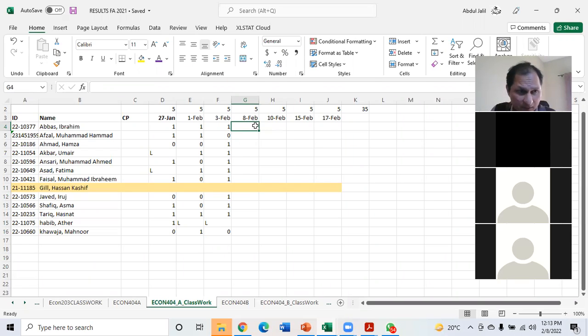So Ibrahim Abbas was there, na? Muhammad Hamad Afzal absent. Hamza present in both classes. Yes, sir. Umair, in the previous one he was there or not? No. Umair. Then Muhammad Ahmed Ansari. Yes, sir. Acha, your name is not appearing.